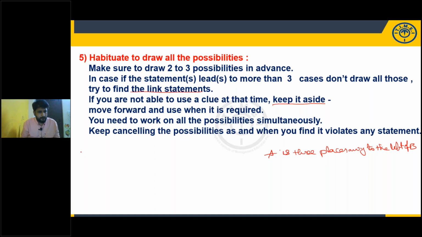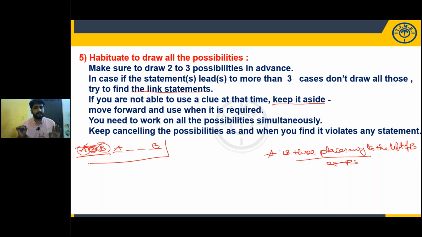So simply write it in a short form and keep it aside. As you know, 3 places away means there should be how many gaps? 2 gaps. So those 2 gaps are taken here, and A will be here and B will be here. Your arrangement will be like this, or you may write it like this. Keep it aside. That's it.